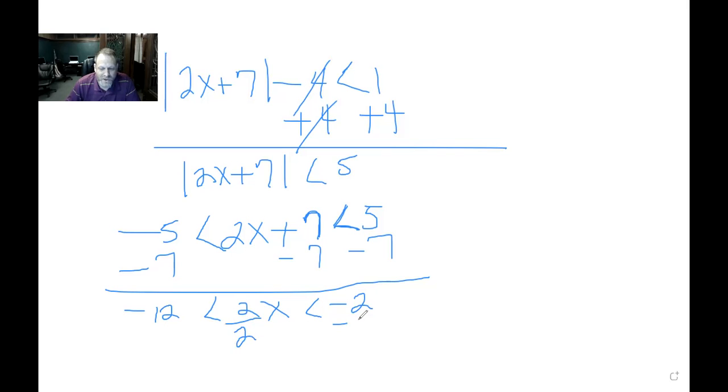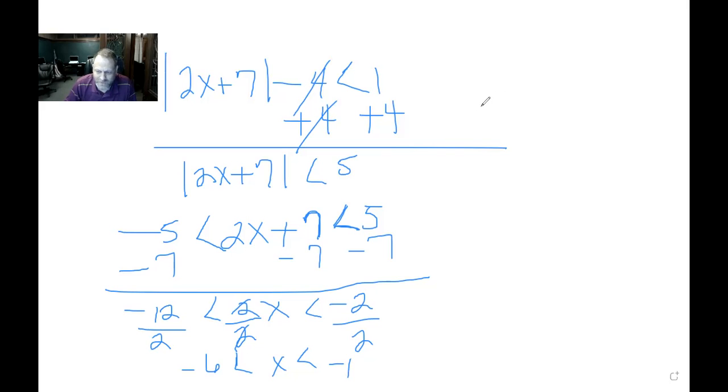So what you do to the middle, you do to each side. So 2 straight across. All right. So 2 into negative 12 is negative 6 is less than, keep your sign, less than x, because these cancel out, is less than negative 1. All right, guys, now we know this is going to be an open circle on our graph.